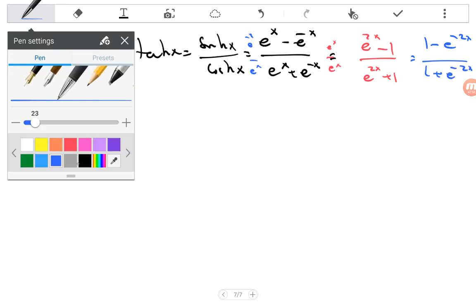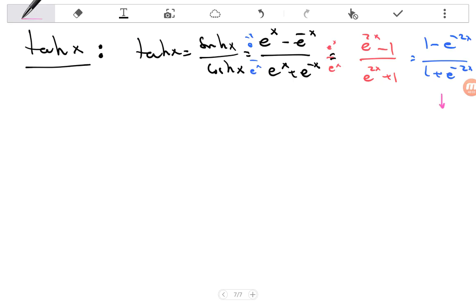So these three formulas are equivalent to each other, and all express tanh of x. I need to know the three formulas for tanh x.